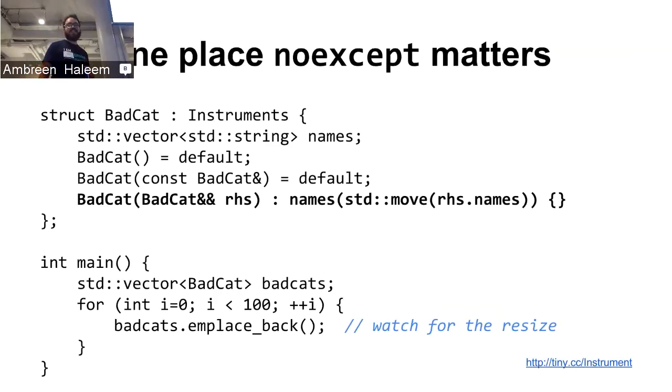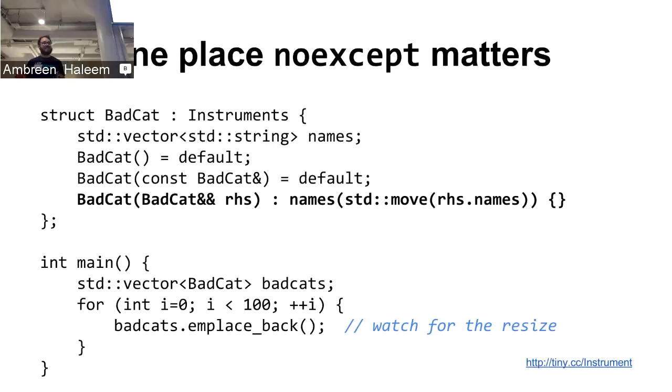Here I'm writing out the default for no reason. But suppose there was something else that I were doing there that were more complicated. If I just write this, and then I make a vector of bad cats and push back 100 of them, at some point the vector is going to need to be resized.